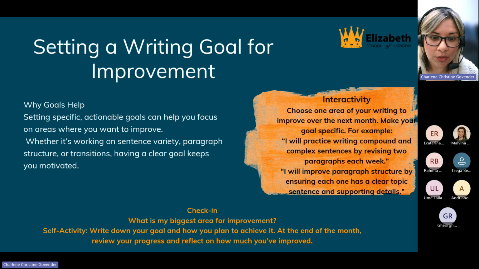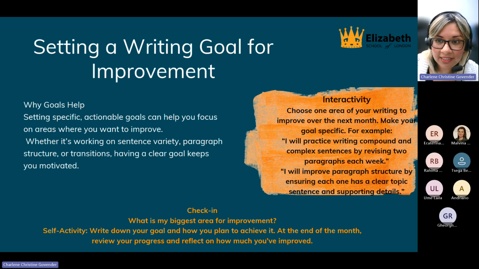So think about what is my biggest area for improvement. You have resources like the English support department, for example, Kieran now. You have resources like your friends, your families, your colleagues. Think about all the ways you can use these resources around you to achieve your goal.